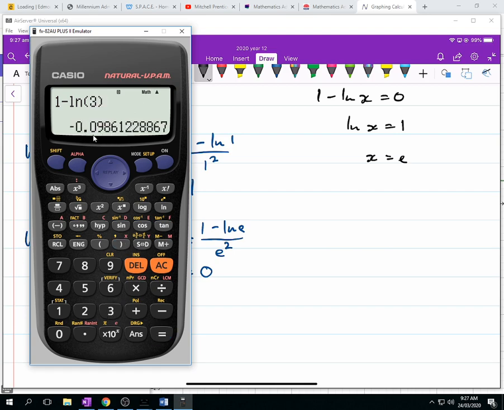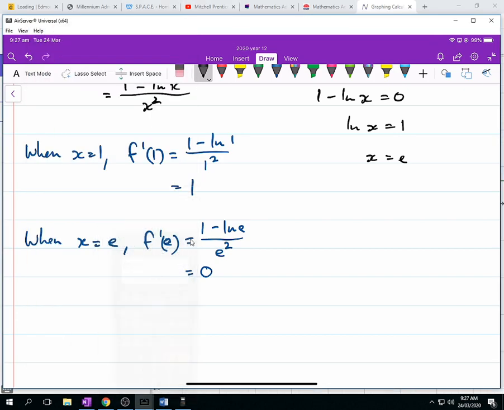So it's going to be negative over 3 squared, over 9. So I could use this table of signs to show that the gradient is going from increasing to 0 and into decreasing after it.